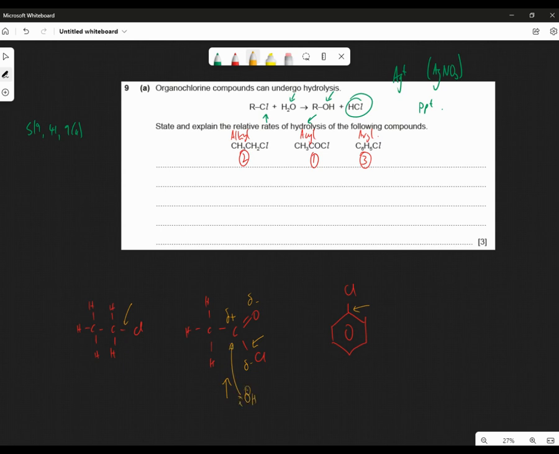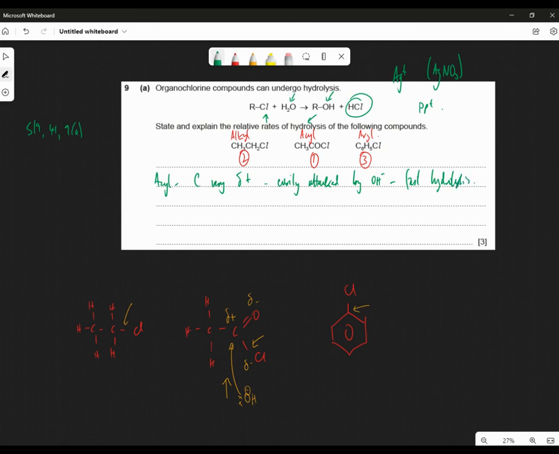So number one is that, and the reason I would give is because of the acyl: the carbon is very delta positive, easily attacked by the OH, fast hydrolysis.